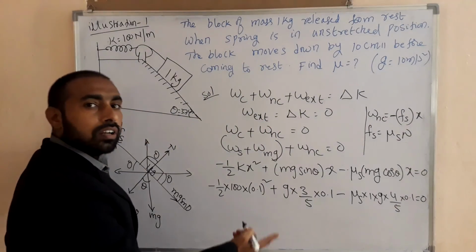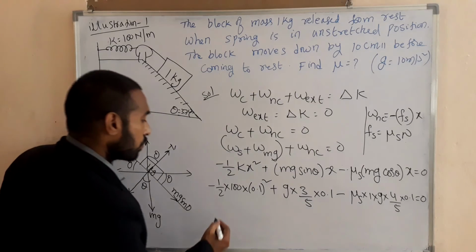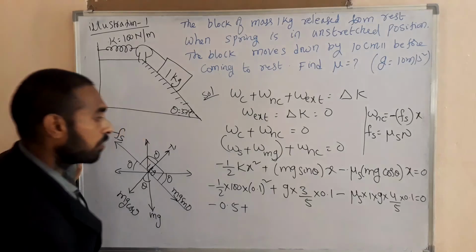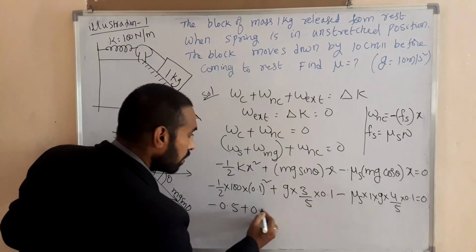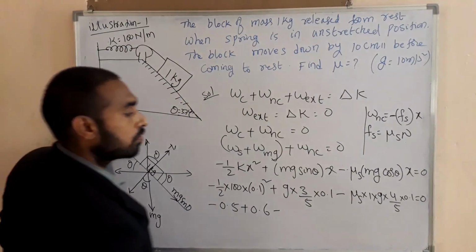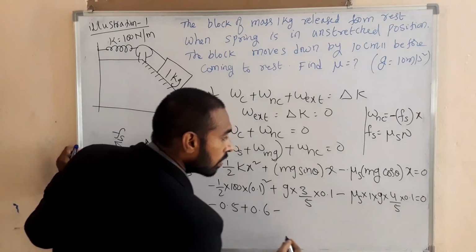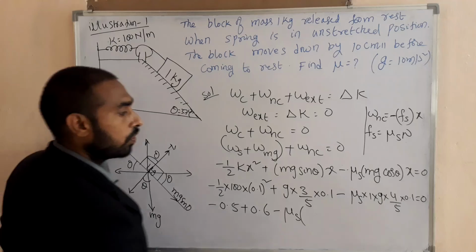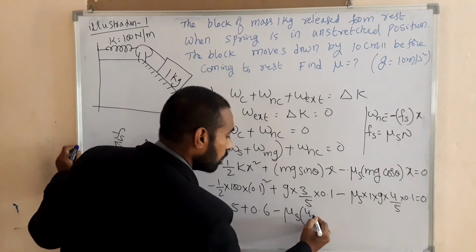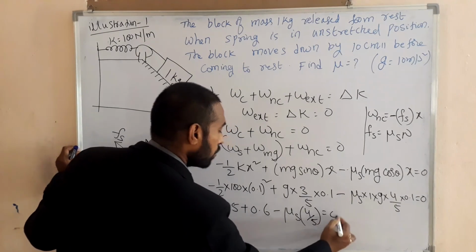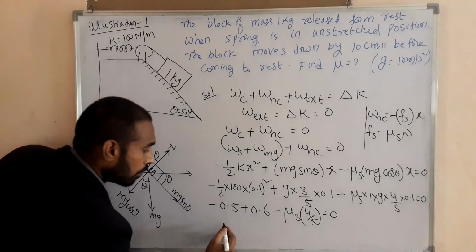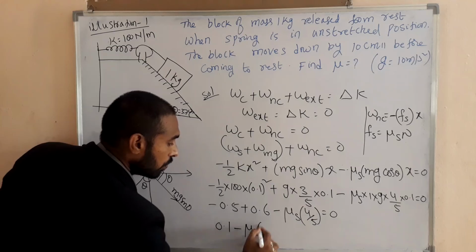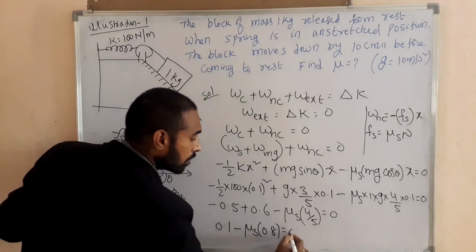So we need to find the coefficient of friction now. It will be minus 0.5 plus 0.6 minus mu s into 0.8 equal to 0. So here it will be 0.1 minus mu s into 0.8 equal to 0.